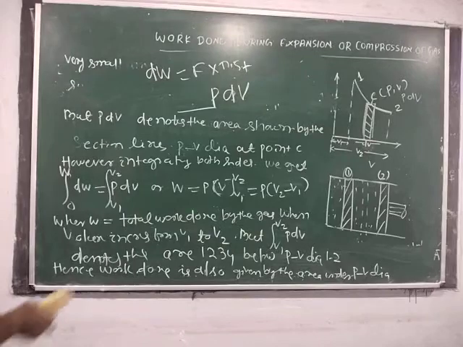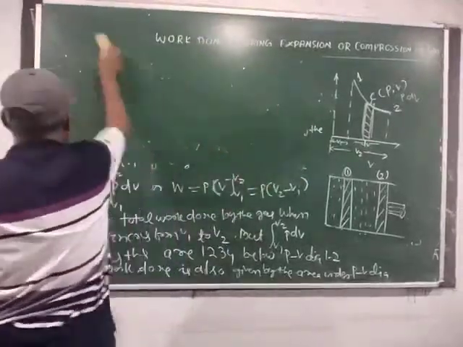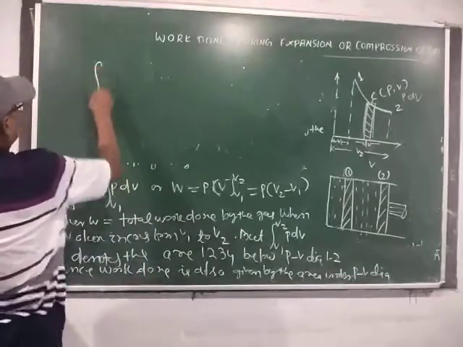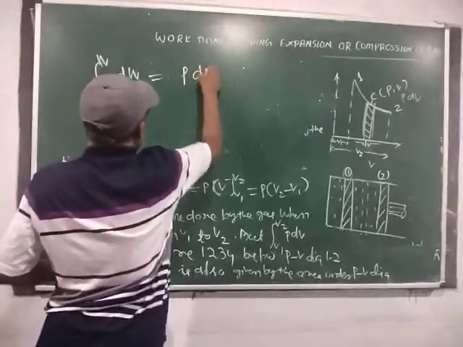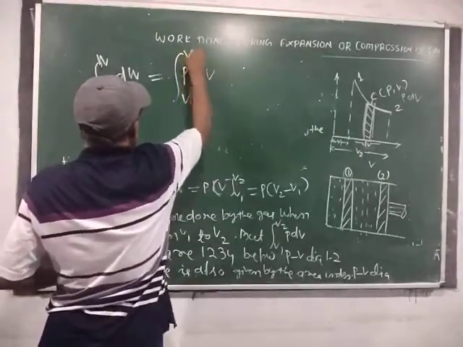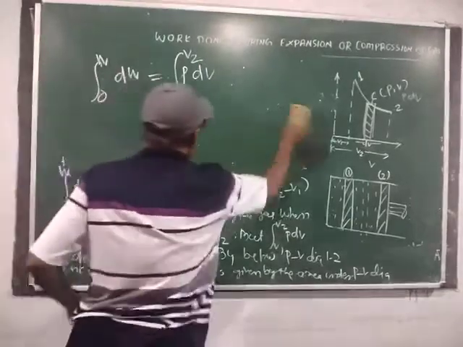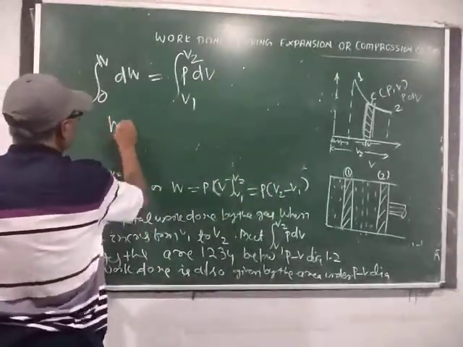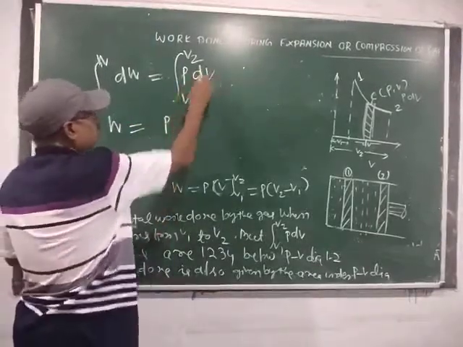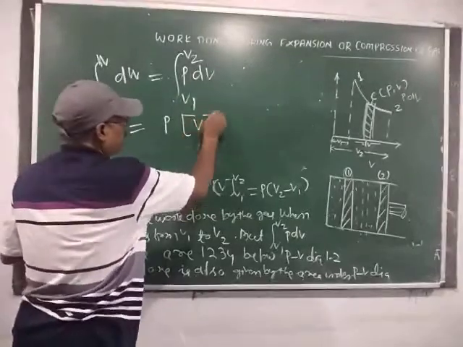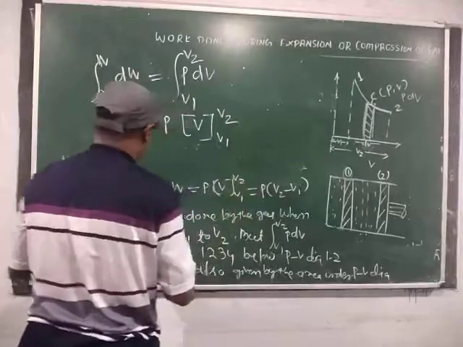Now, integrating both sides, we get dW is equal to P dV within limits V1 to V2, or W is equal to P integration of dV, which means V within the limit V1 to V2.